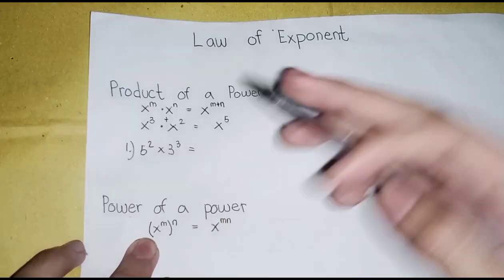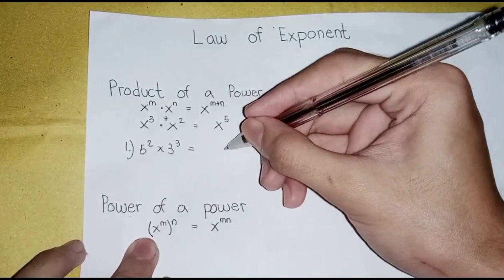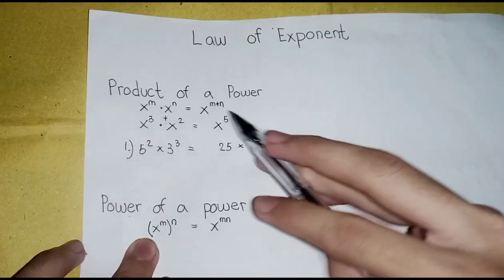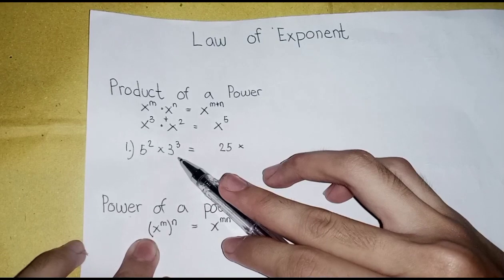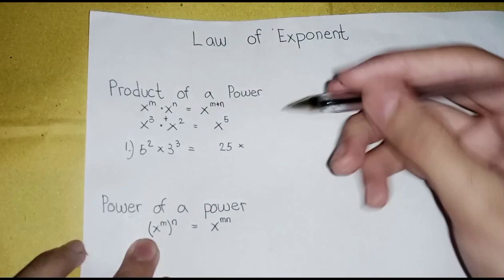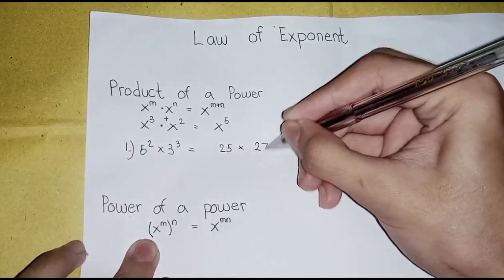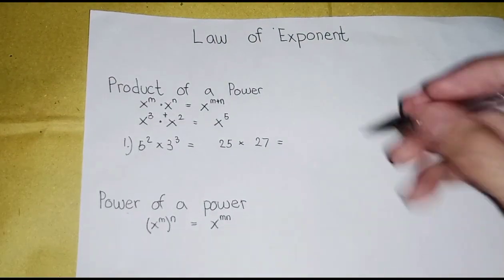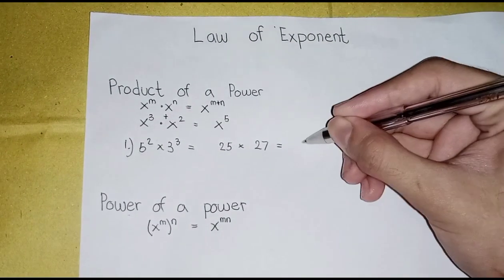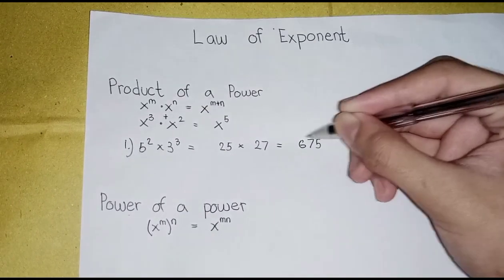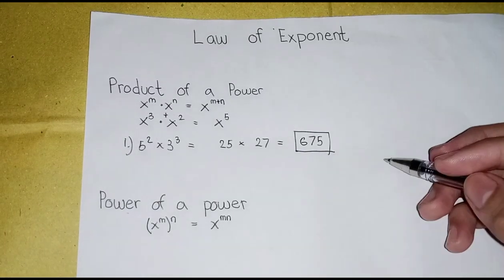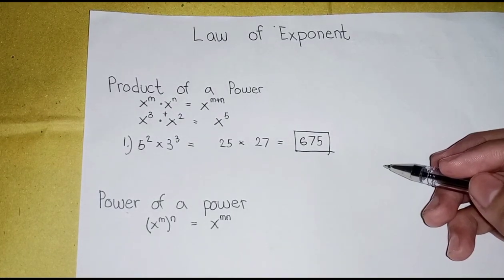So, 5 raised to 2, that will be 25. 25 times 3 raised to 3. 3 times 3, 9 times 3, 27. So, 25 times 27 is 675. So, yan ang final answer. Ganun lang ang product of a power.